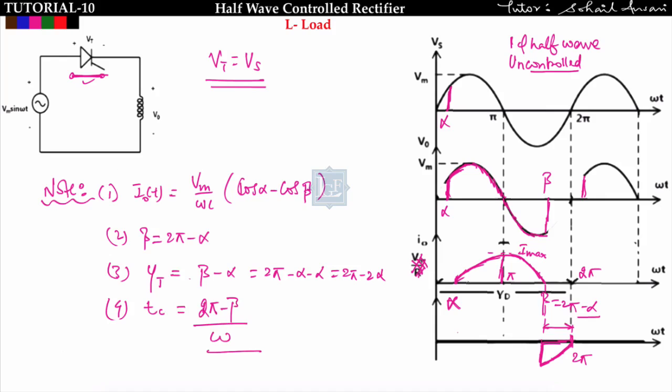See here also, from 0 to alpha it is not conducting, but in this case the voltage across the thyristor will be in the first quadrant like this, and it will continue till 2 pi plus alpha. But this is the forward blocking mode, not reverse blocking mode. Circuit turn off time is defined as for what angle the thyristor is in reverse bias. Here from 0 to alpha the thyristor is not in reverse bias, so I will not include this. The thyristor is reverse biased only from beta to 2 pi. So the circuit turn off time will be 2 pi minus beta upon omega.